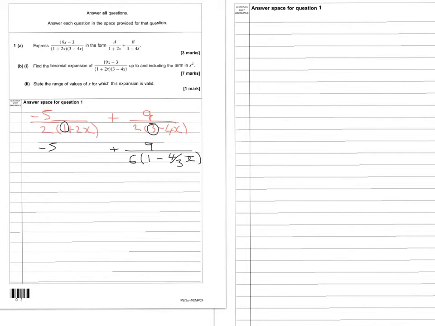Negative 5 over 2, 1 plus 2x. If I just do each of these separately, I'm going to start with this one here.